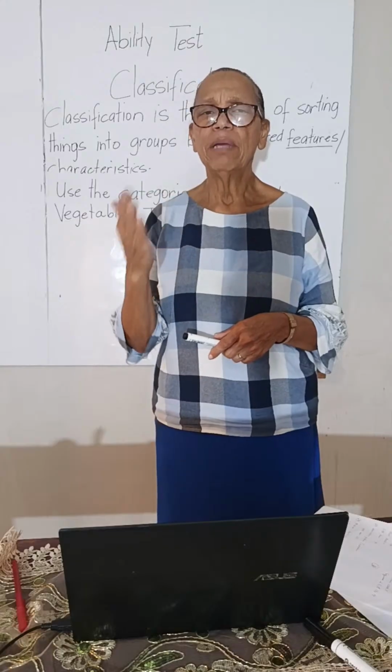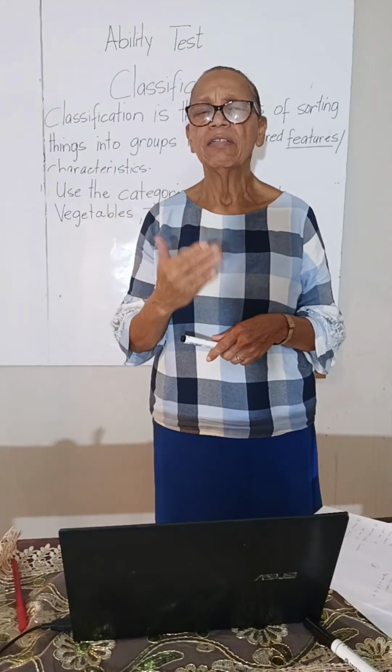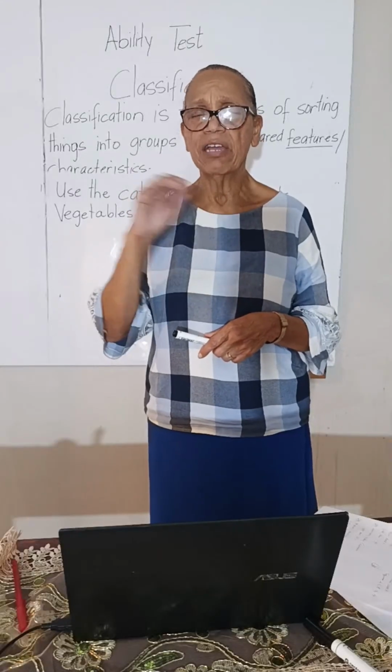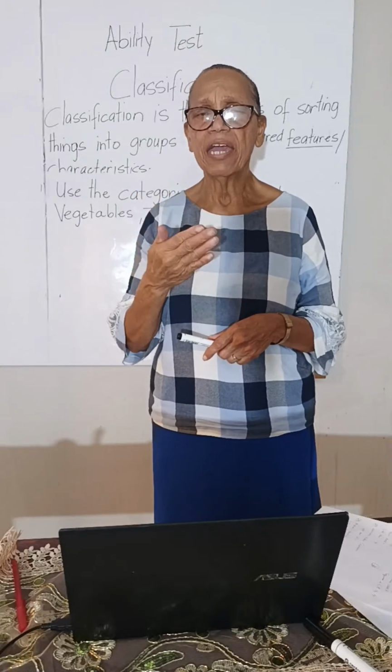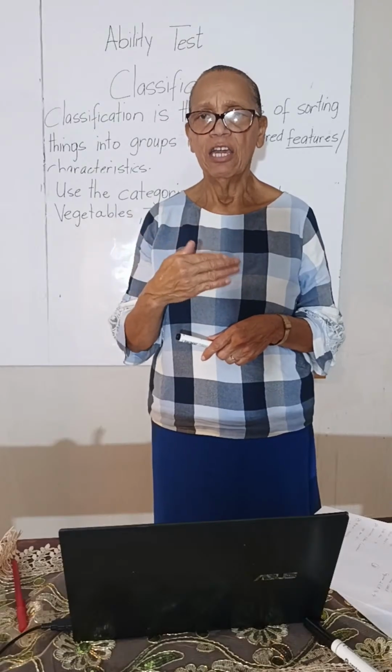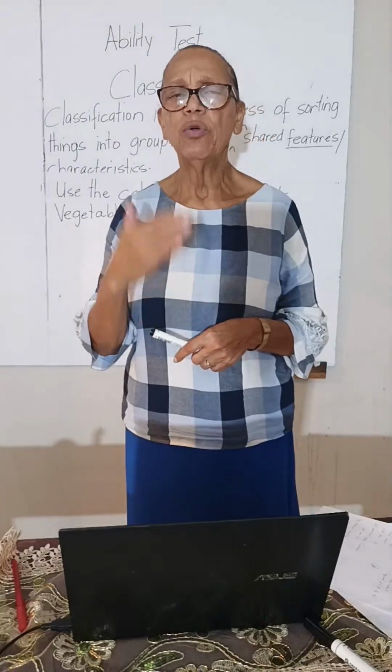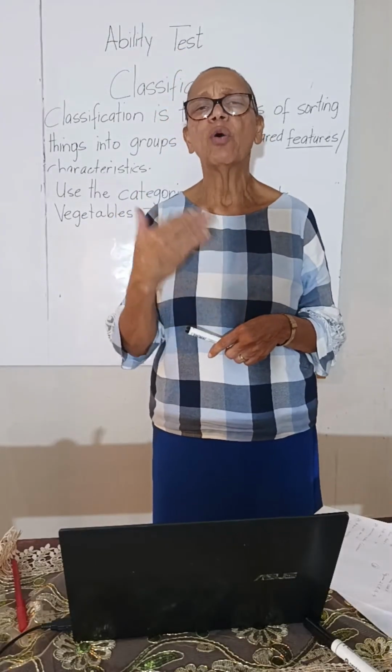Looking at similarities and differences. These are two important skills again. You are comparing, right? Comparing and contrasting. When you compare, you look at how they look alike. When you contrast, you look at how things are different.